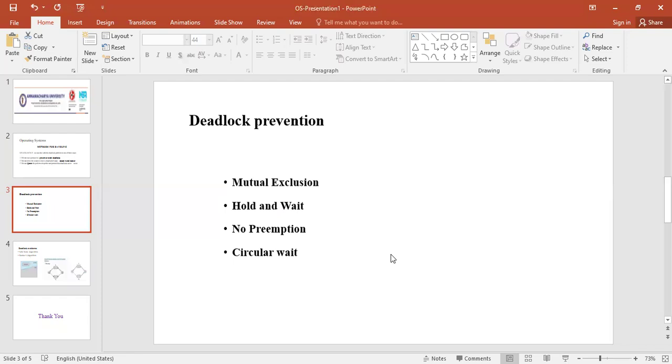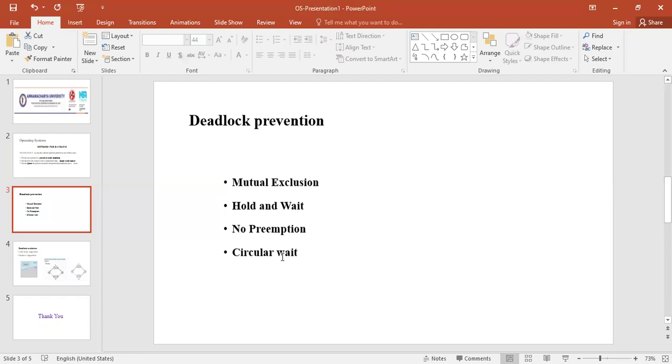And next, circular wait. This is the fourth condition for the deadlock. One way to ensure that the condition never holds is to impose a total ordering of all resource types and to require that each process request resources in an increasing order of enumeration.